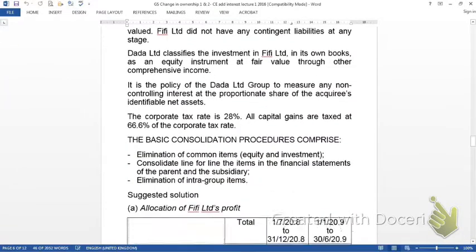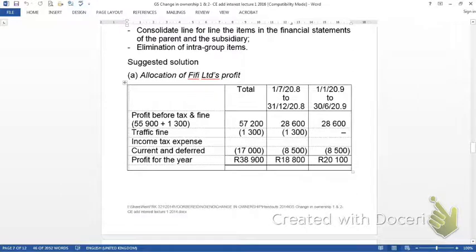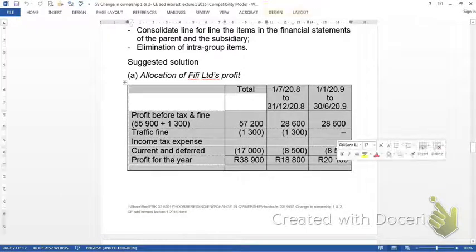Have a look at the calculation that we have done there, the allocation of the profit for the two periods. So you have the profit for the full year, the 55,900. You add back the fine, which is an after-tax amount. In other words, it doesn't carry tax.